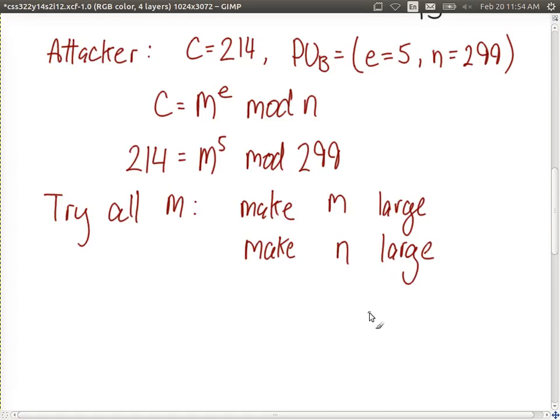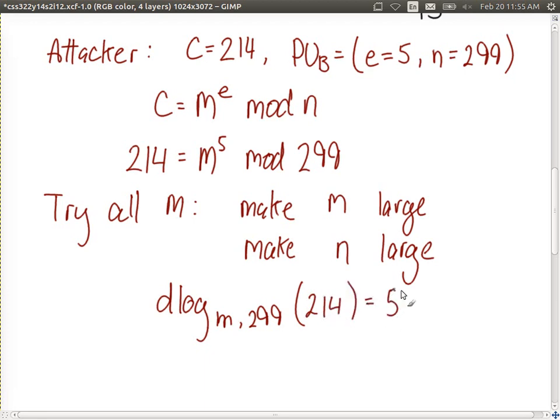But instead of the brute force, try all M, can't we solve this? Can't we just rearrange it? What do we get? It's something about the logarithm. Remember, the discrete log of some base M in mod 299 of 214 equals the index 5.